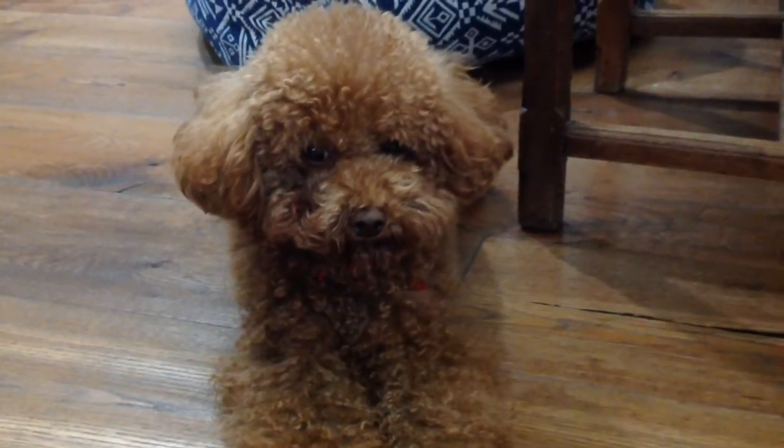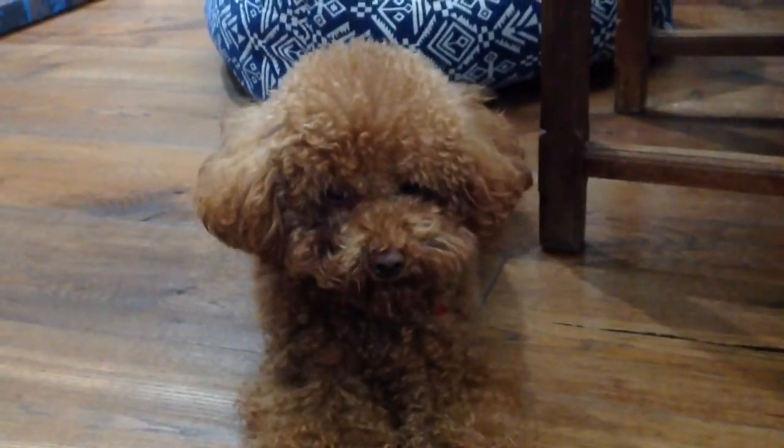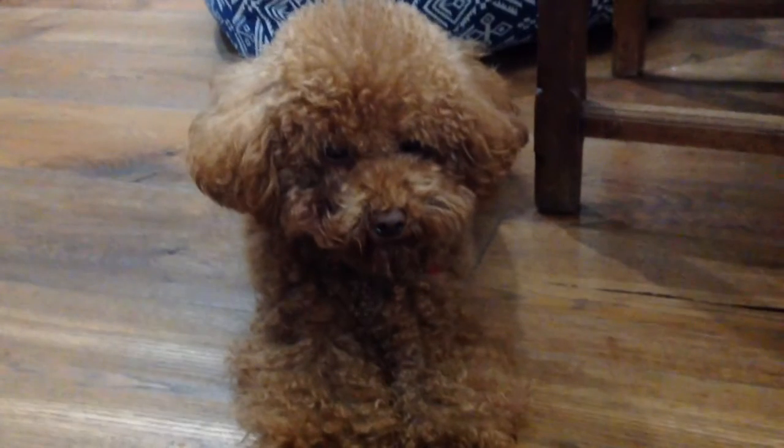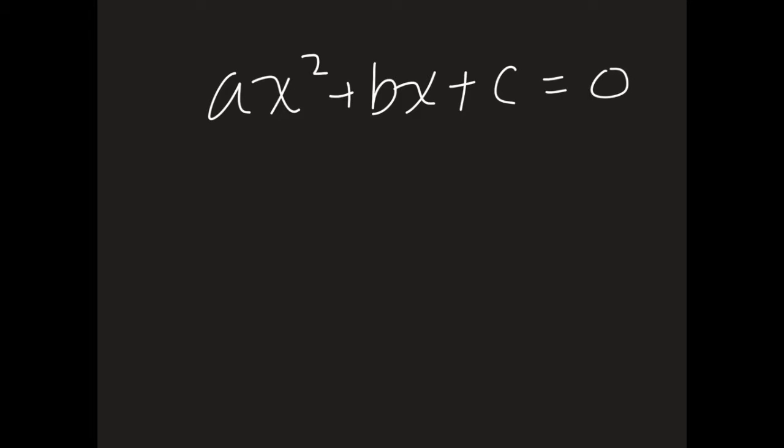Okay guys, so today we're gonna talk about quadratic equations. What is a quadratic equation? First, let me introduce you to the quadratic equation. A quadratic equation is an equation, obviously, written in the form ax squared plus bx plus c equals 0.